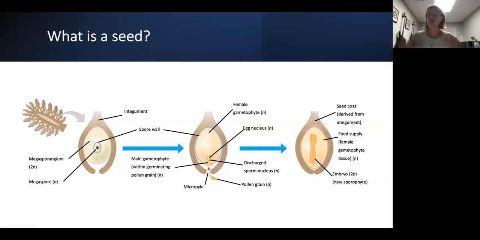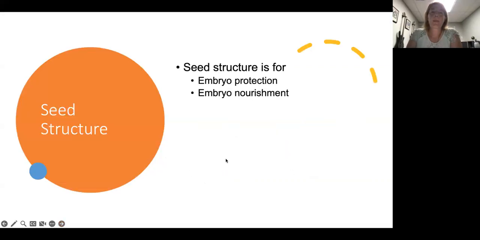So it makes it a lot harder for fungi or other environmental stresses to come in and kill the embryo before it's ready to grow. So the structure of the seed is specifically there for embryo protection and for embryo nourishment.